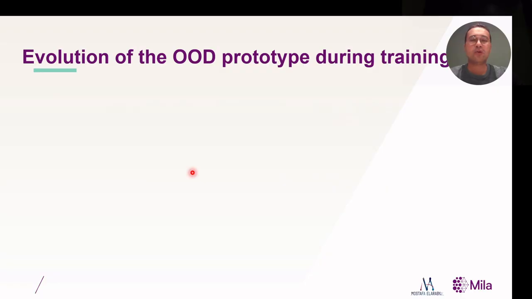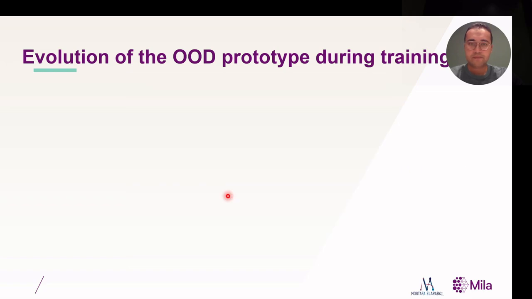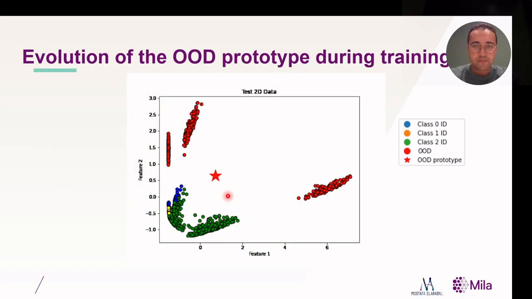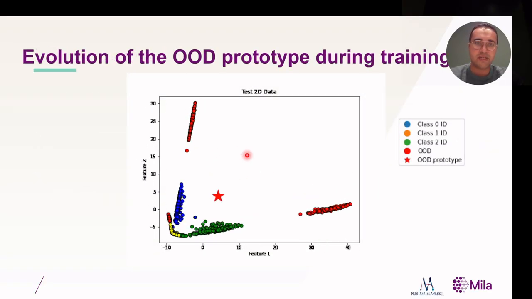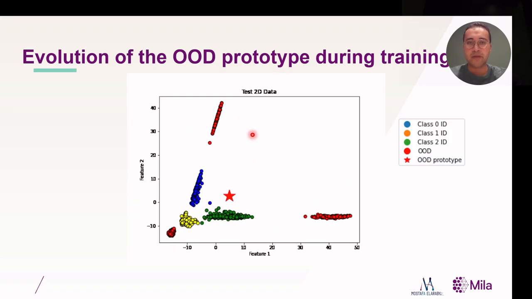So now let's take a look at the evolution of the OOD prototype during the training if we do that synthetic idea. At the start of the training, the OOD prototype was here, and the model was struggling to learn representation.